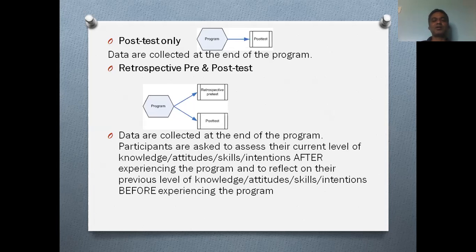What you're doing is, after the program is over, you can find out their attitude, skills, etc. And also before the program commenced, you can find out their attitude and skills, and you can compare both the pre-test and the post-test effectiveness.